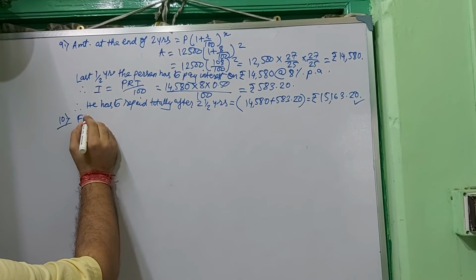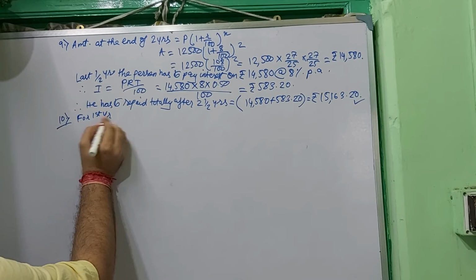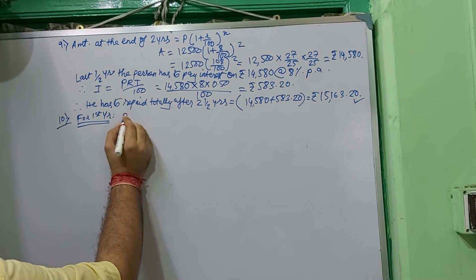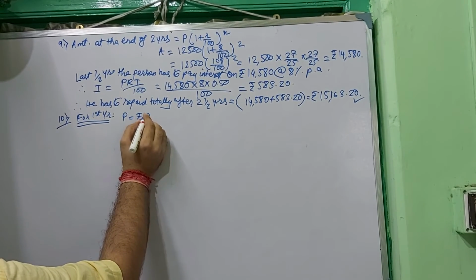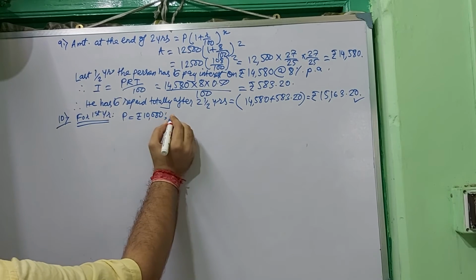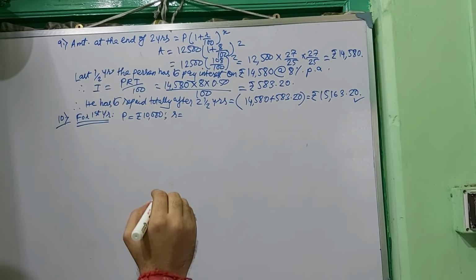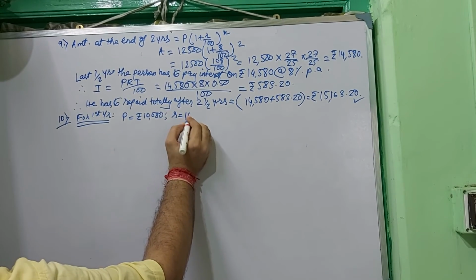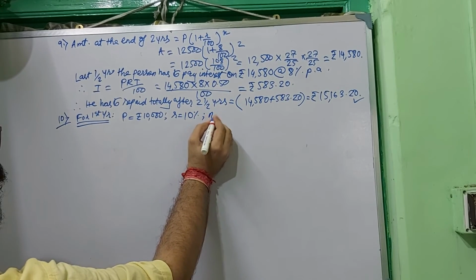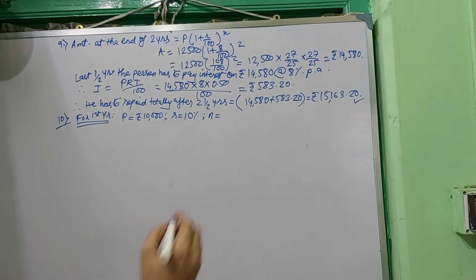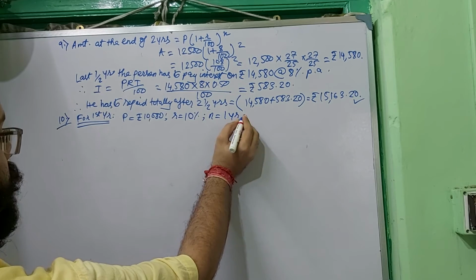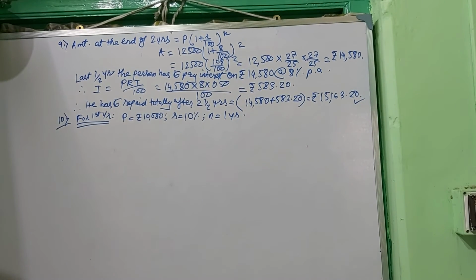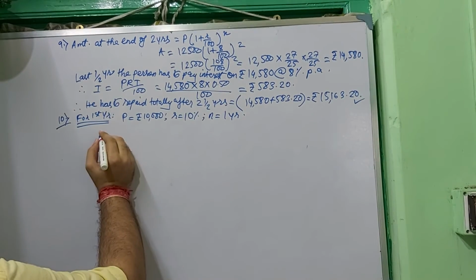For the first year, I am marking it: P is equal to rupees 10,000. R is equal to how much percentage? 10%. And N is equal to how many years? It's 1 year, obviously, because for the 2 years, one is 10%, another one is 8%. So you can easily calculate.